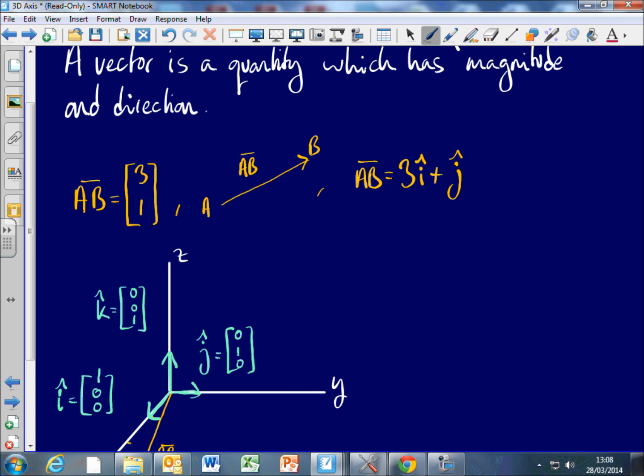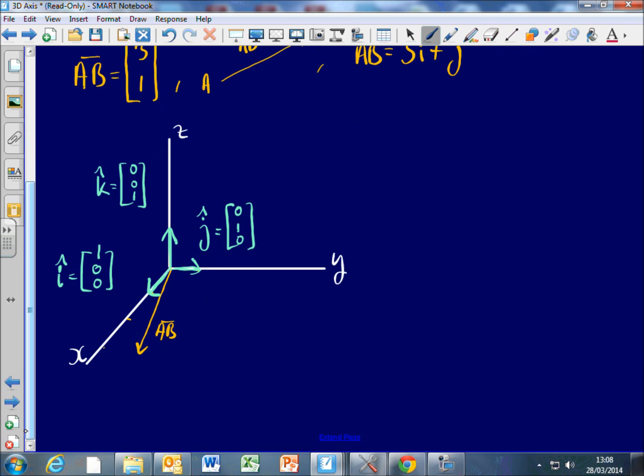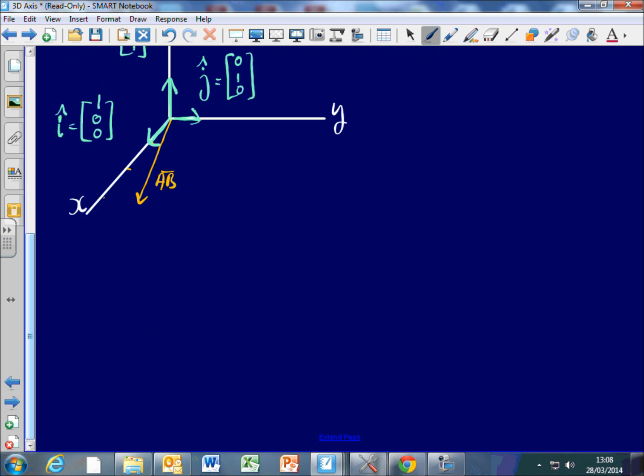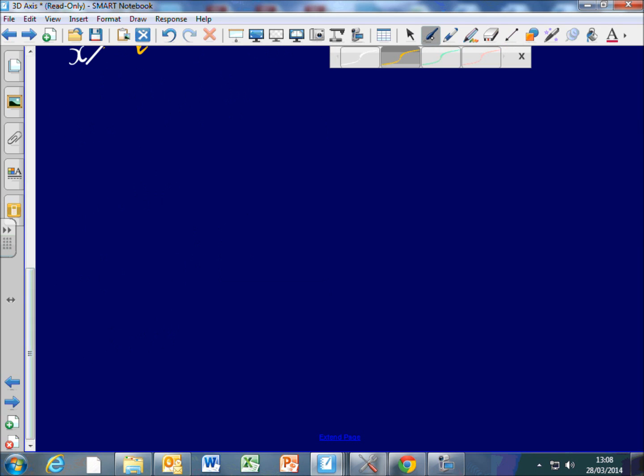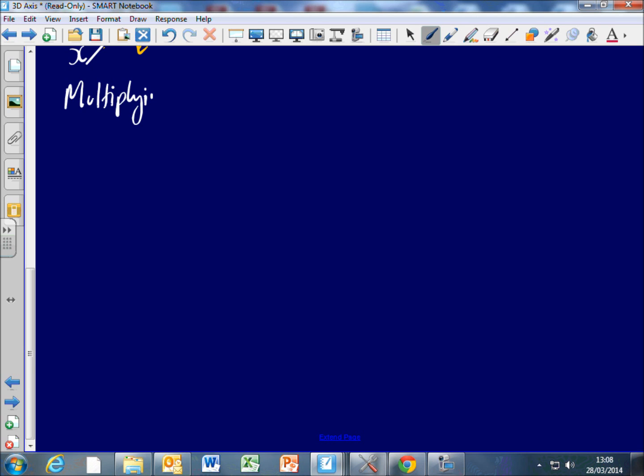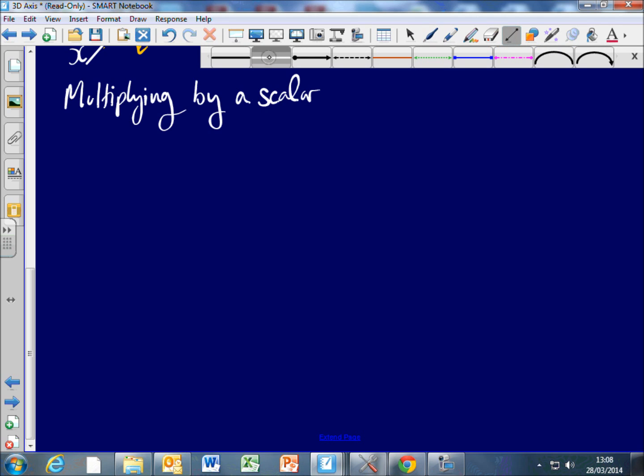Okay, so we'll quickly just talk about multiplying vectors. Multiplying by a scalar, firstly. So that's quite easy to do.